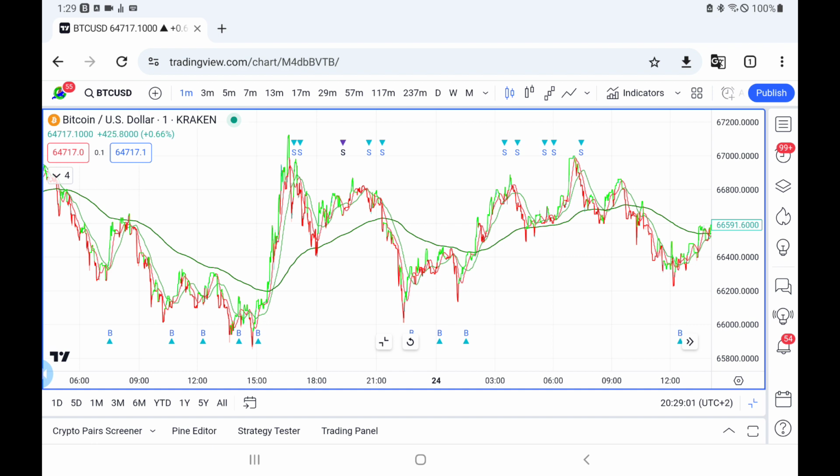You could use a 20-50-100 if you want, or a 20-50-200, or even a 50-100-200. It doesn't matter really what the numbers of the moving average are, as long as they are realistically in the same kind of steps.